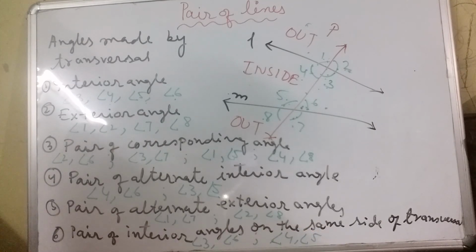Okay, they are the pair of interior angles on the same side of the transversal. These are the different types of angles formed when a transversal cuts 2 or more lines. Okay, thank you.